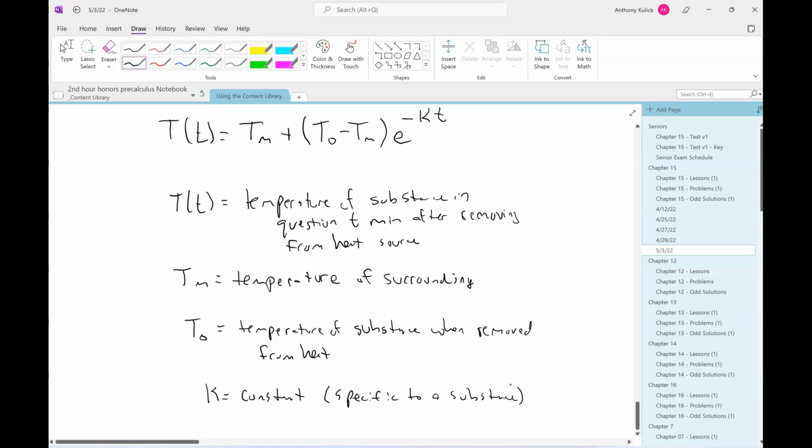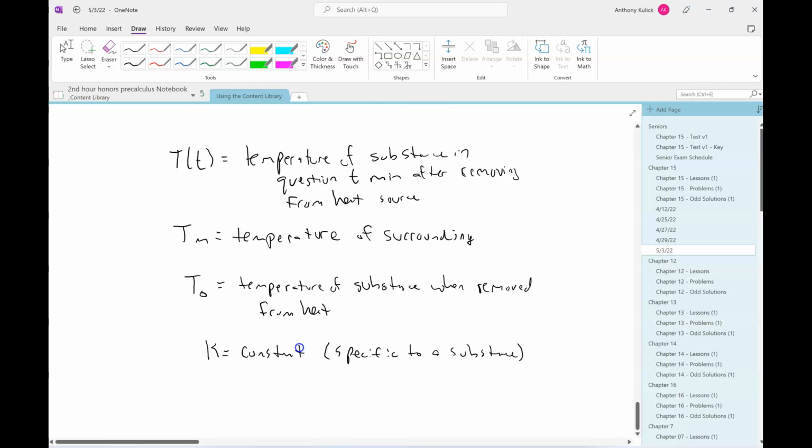If you make soup on the stove and a grilled cheese sandwich, those two things cool at very different rates. A grilled cheese sandwich is usually edible quicker than boiling soup taken off the stove. And t is just your time since removal from heat.